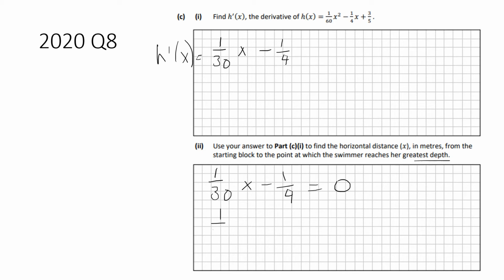So that means that 1/30 x is equal to 1/4, just bring that across. Then you want to divide 1/4 by 1/30, so multiply 1/4 by 30. So 30/4 is the same as 15/2, which is 7.5, and that's in meters. So that's 5 marks.